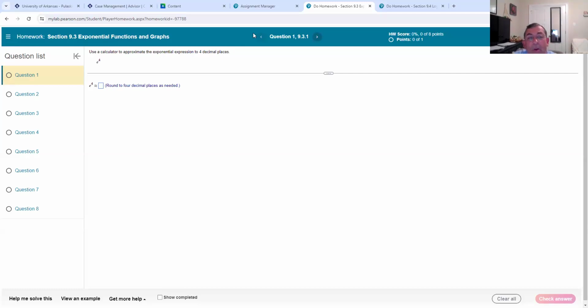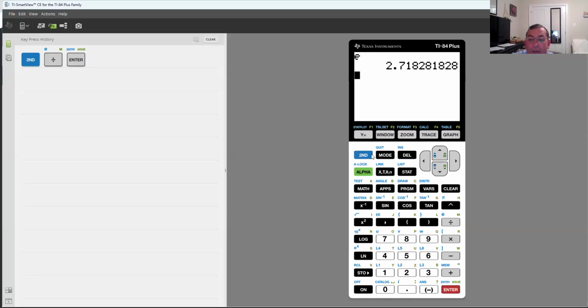Now, when it's got an exponent like that, let me show you, there's 2 ways you can do that. You can do it with the e I showed you. You can hit second, divide, and then use the little upside down V for your exponent and put in your 4 and enter. But I'm going to show you another way when you got exponents.